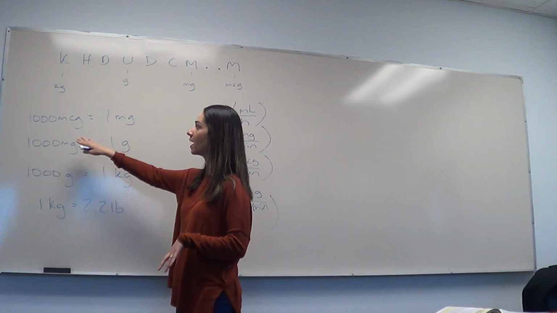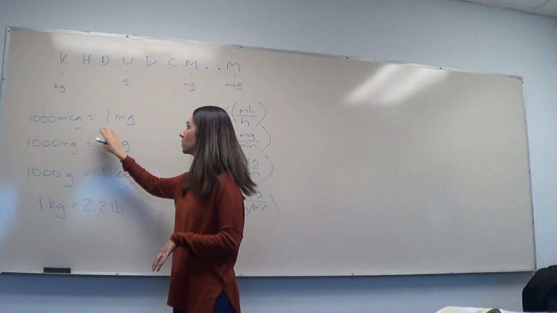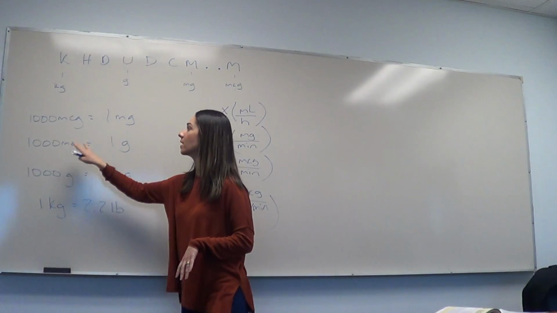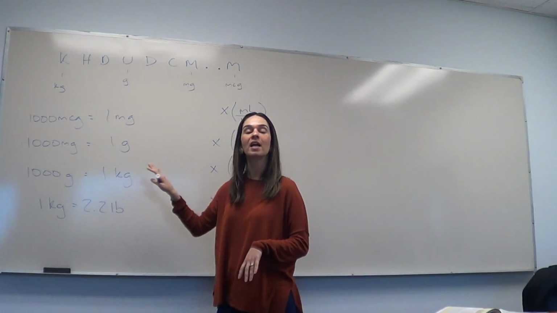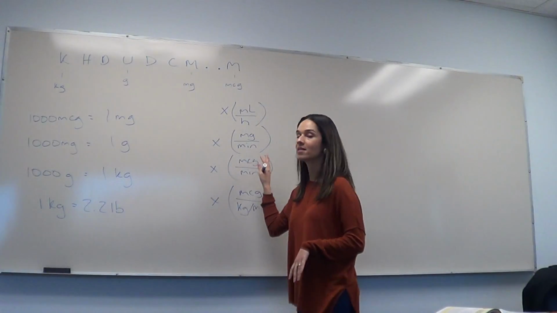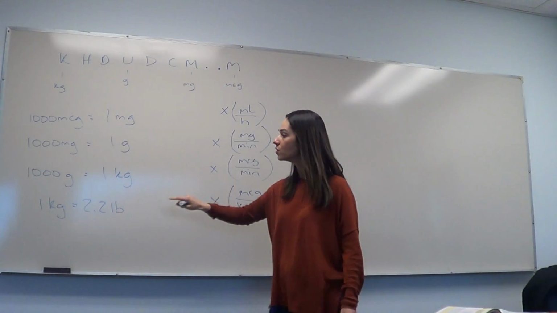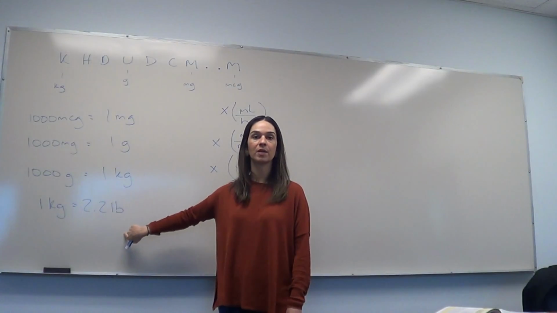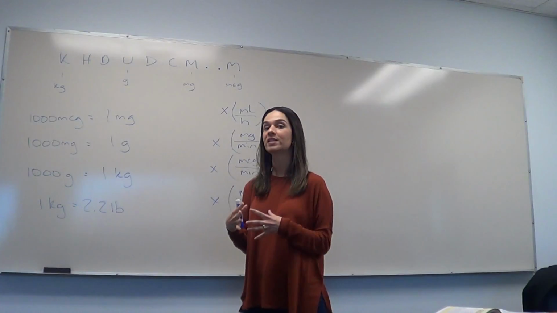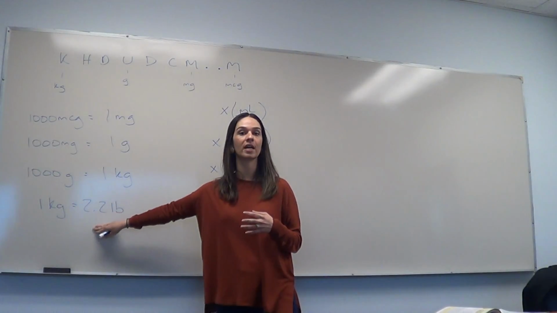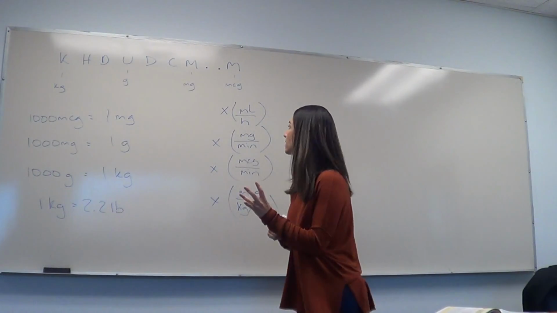Just remember that 1,000 micrograms always equals 1 milligram, 1,000 milligrams always equals 1 gram, 1,000 grams always equals 1 kilogram. And because these are weight-based medications, you should always know that 1 kilogram equals 2.2 pounds, in case your client's weight is given in pounds. We still have to know how to convert to kilograms in order to solve our problems.